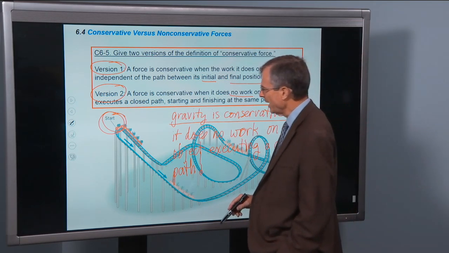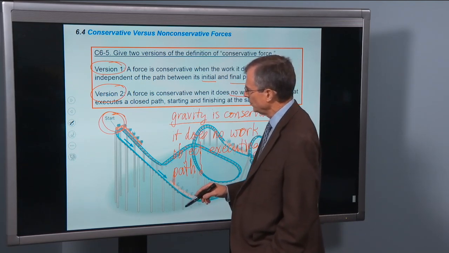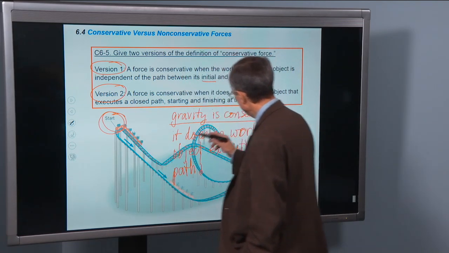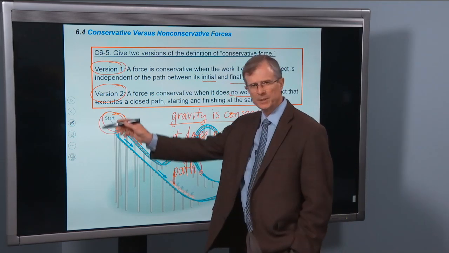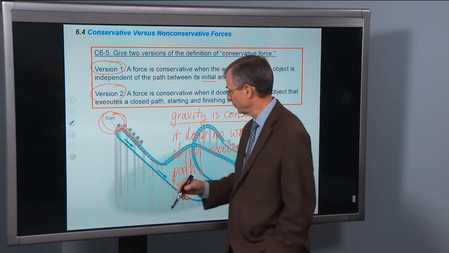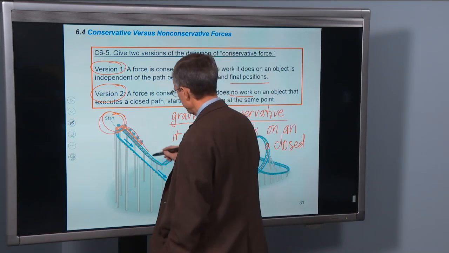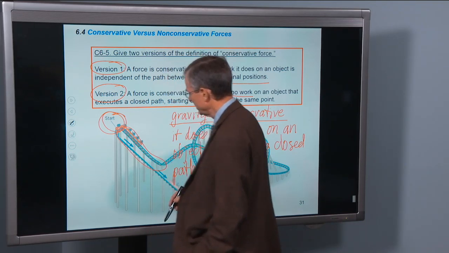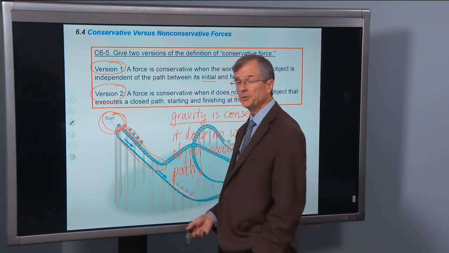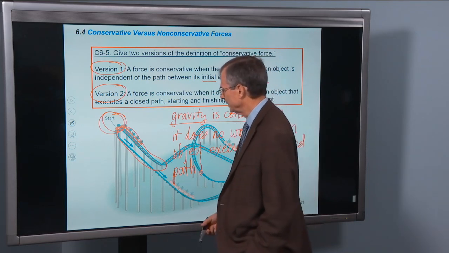We know that for gravity because gravity is going to do no work independent of the path we take between the starting point and getting back to the starting point. We could have a coaster that just comes down here and it comes right back up here. It's a different path. It would still do no work.